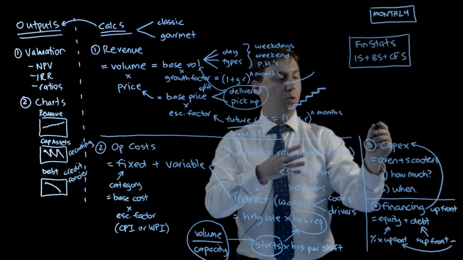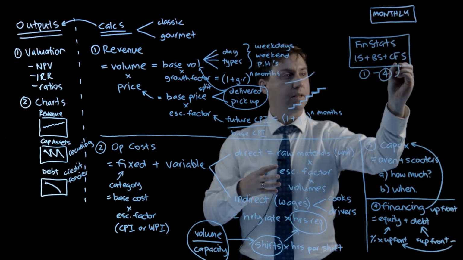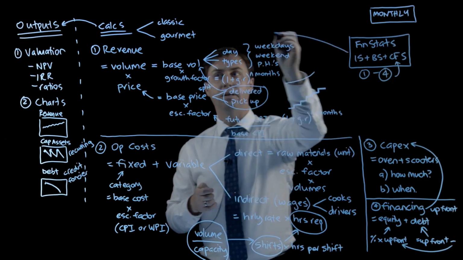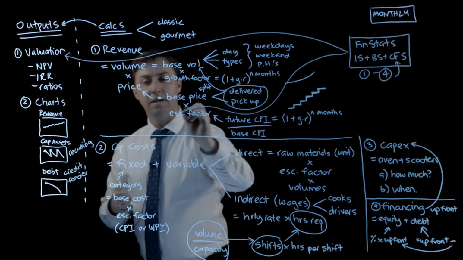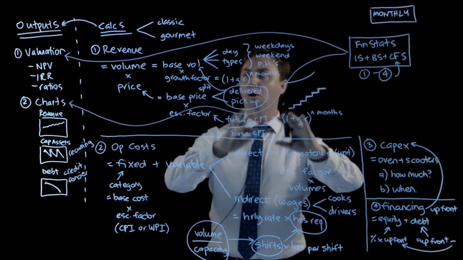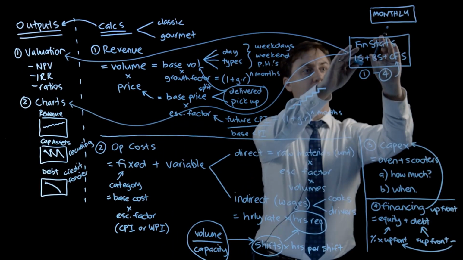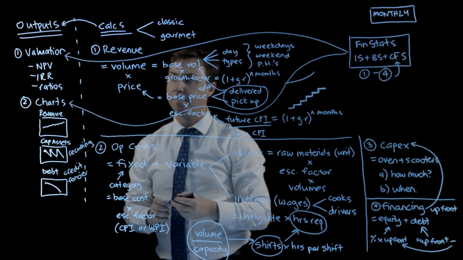We just need to know that all of our calculations from section 1 through to 4 are going to feed into the financial statements. And then it's the financial statements that feed into our valuation and then feed into our charts. And so the mechanism of the whole model will work is we will calculate each block. They will feed into the financial statements, and those financial statements will feed into our outputs.